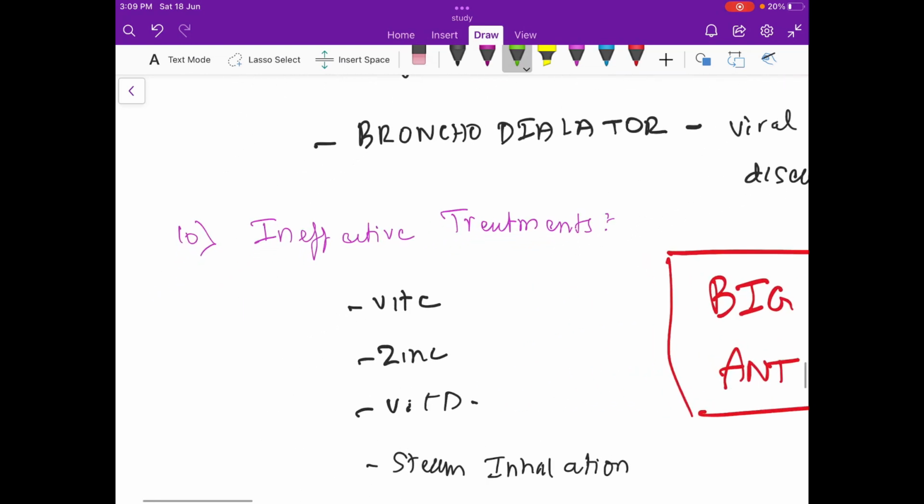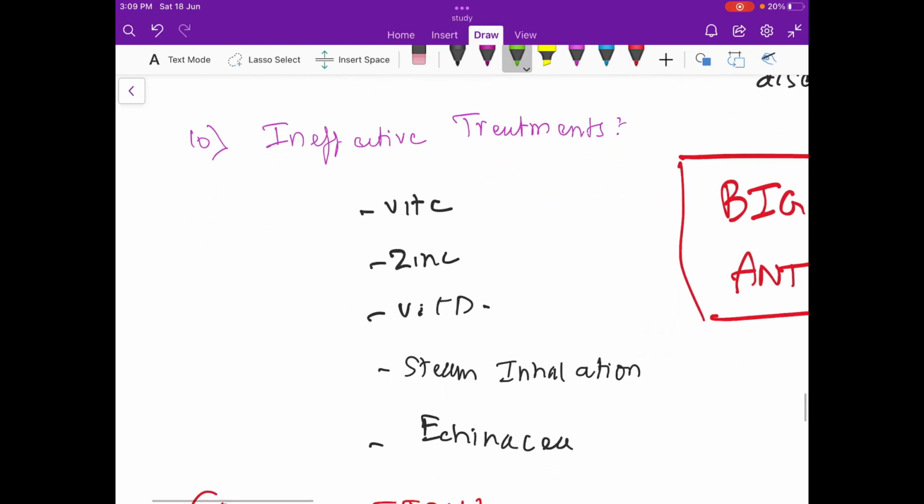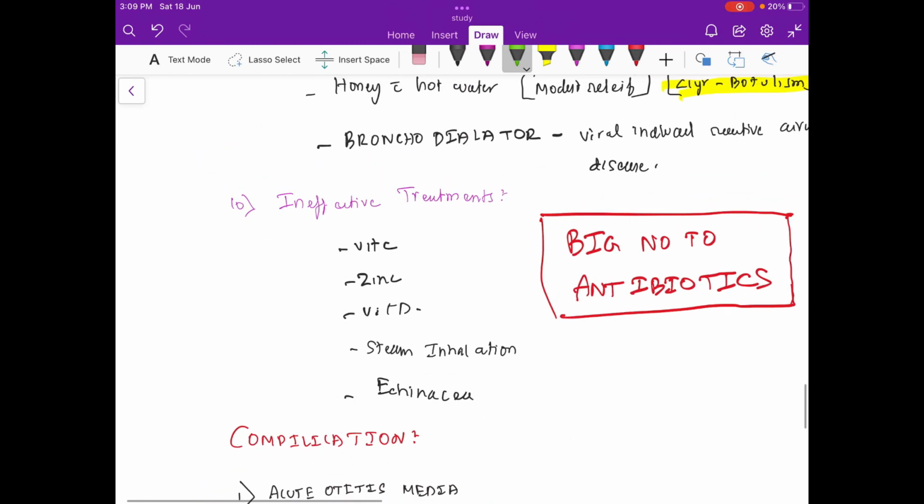And last but not least, these treatments don't have any effect in URI, so it is better not to give them. For example, vitamin C, zinc, vitamin D, steam inhalation, and echinacea, which is a herbal compound. So these are the treatments which you have to give for an upper respiratory tract infection.